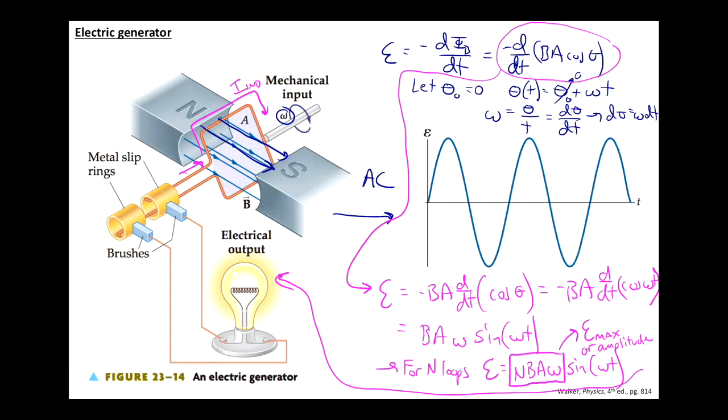If current is going that direction and the magnetic field is toward the South Pole, notice my thumb is pointing sort of perpendicular to this, down that way. And that is an opposite direction from the way I'm trying to turn it, right? That's going to create a backwards torque.